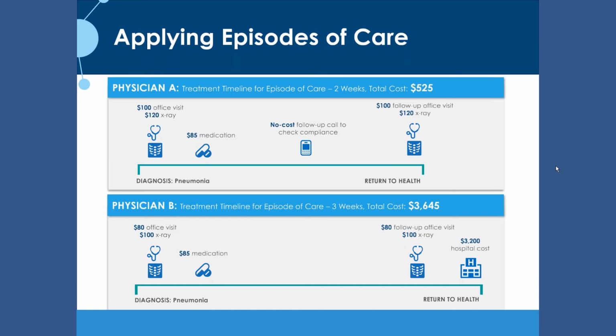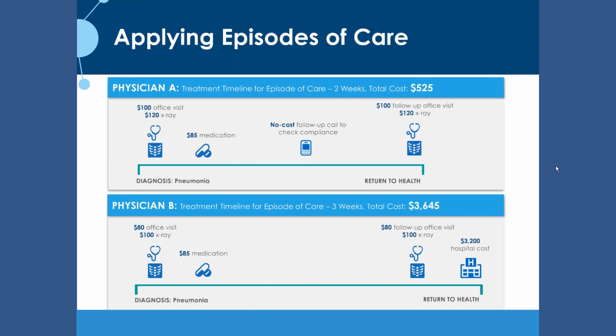However, if we look at the full episode of care for the patient with pneumonia on physician A, we notice that physician A has what most likely amounts to a care coordination or a population health program that followed up with the patient, that made sure that the patient was taking their antibiotics, getting lots of fluid, and getting lots of rest. And as a result, the follow-up visit deemed an outcome that the patient was healthy and the disease was gone.